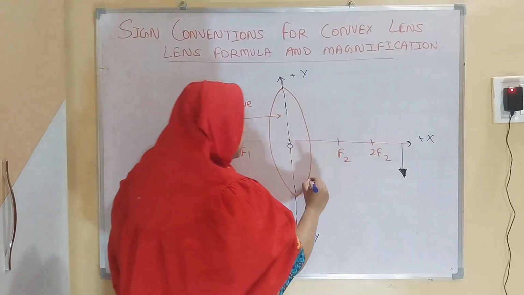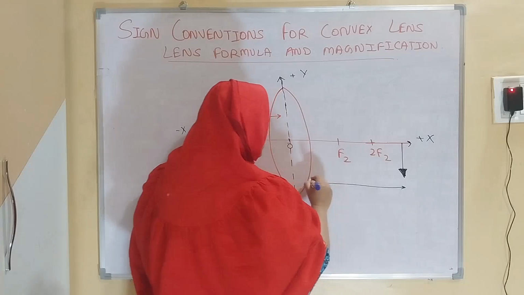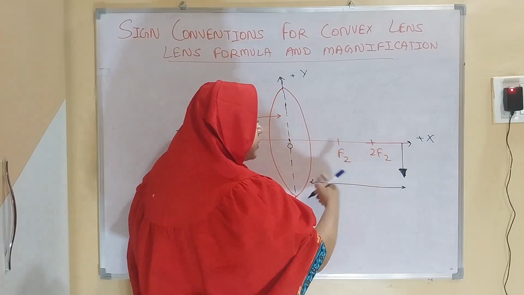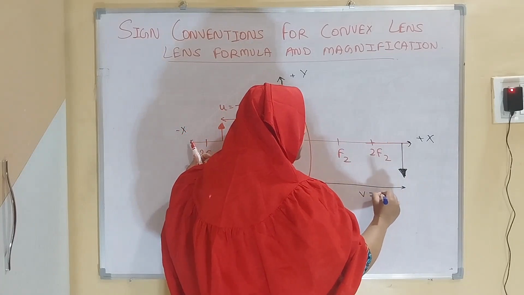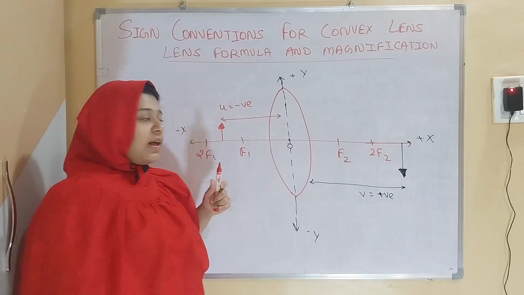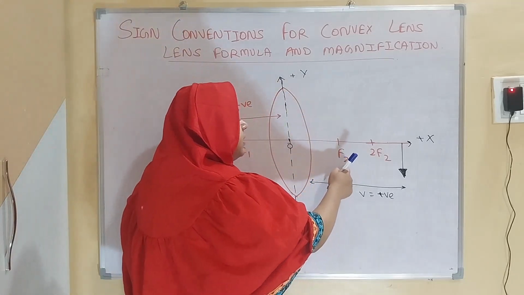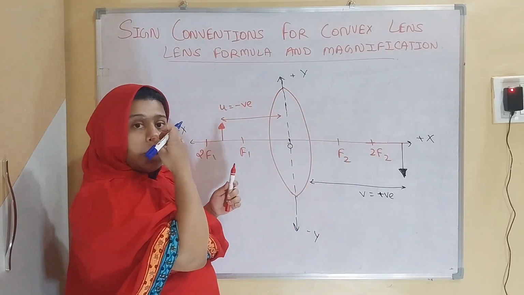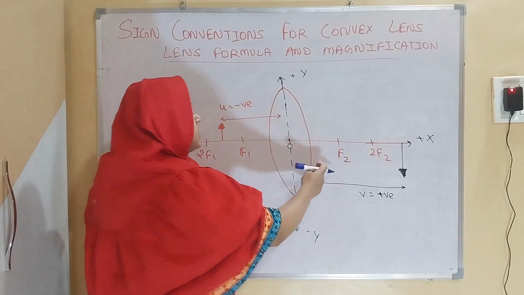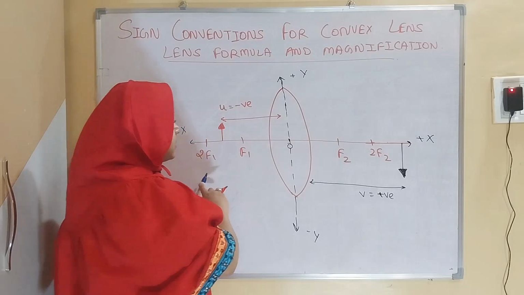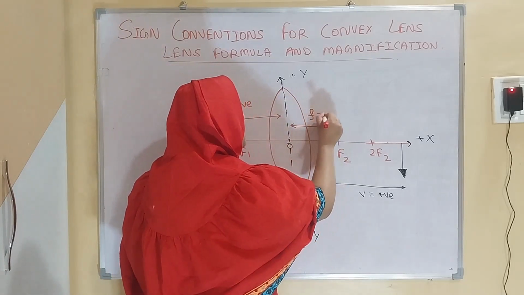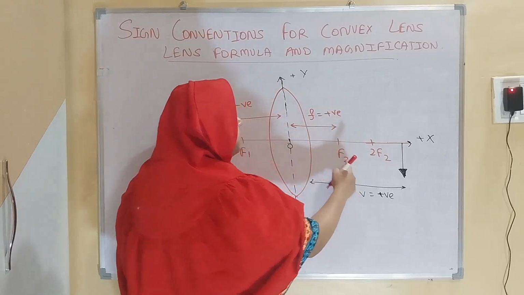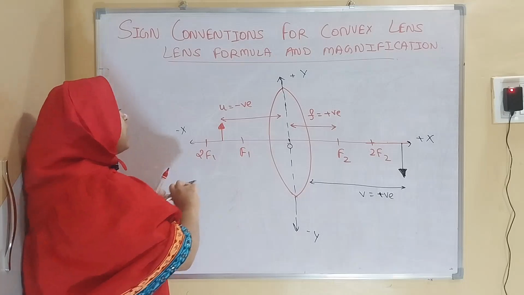The image is towards the positive side of the origin, so the image distance v will be positive. The focal length, we consider the focal length towards the image side. So the focal length will be positive because it is towards the positive side of the origin.